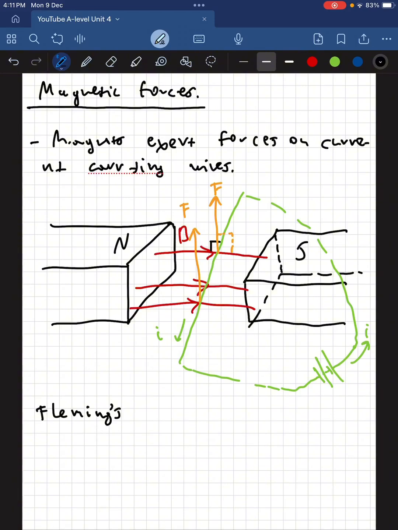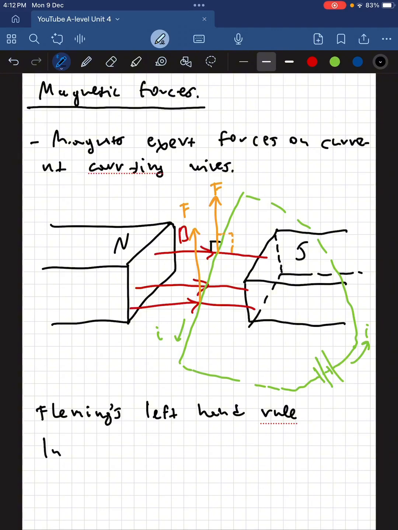So Fleming's left-hand rule tells us what? How does this work? First of all, we have to use our left hand. I know it gets confusing sometimes because people might try to use their right hand. It doesn't work. You have to use your left hand.